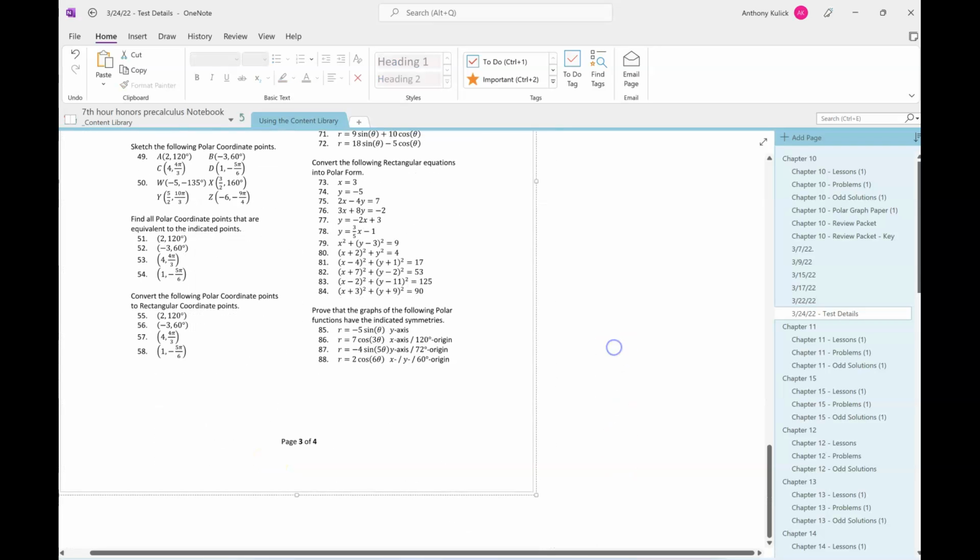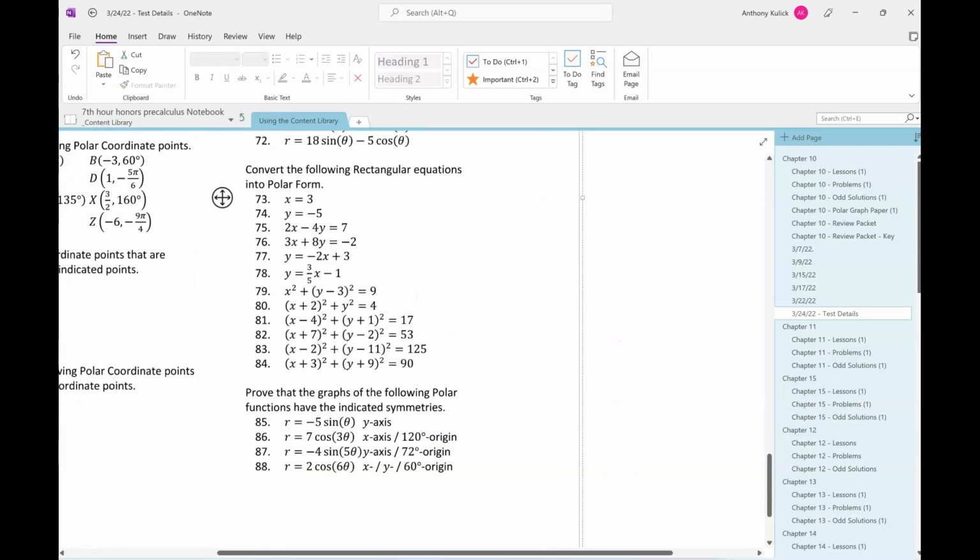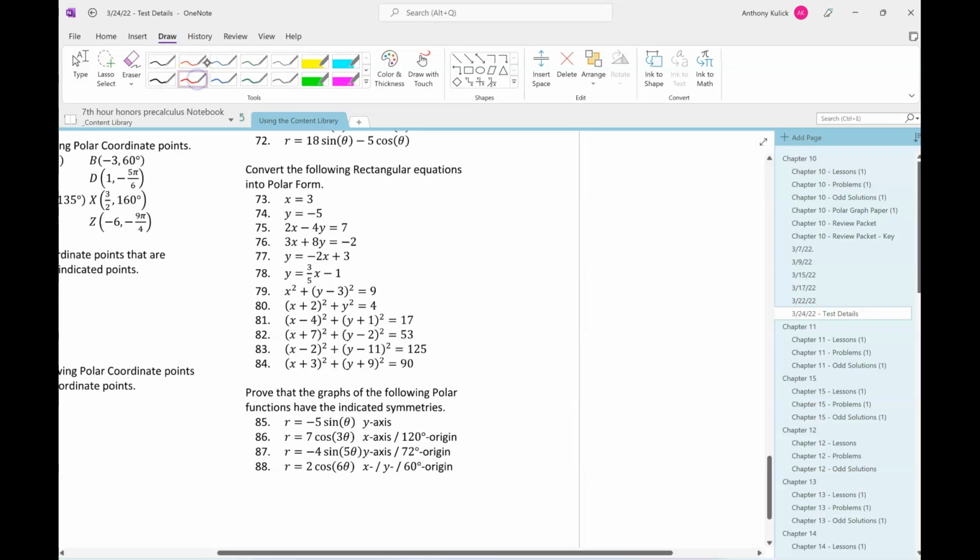All right, so 77 wants us to convert this from rectangular to polar form. Okay, sure. So I know that y is equal to r sine theta, and I know x is equal to r cosine theta.